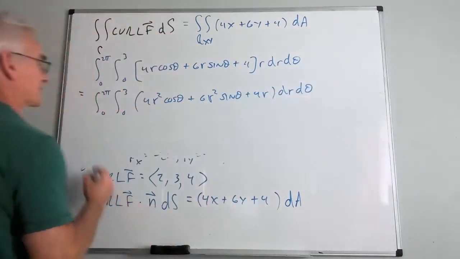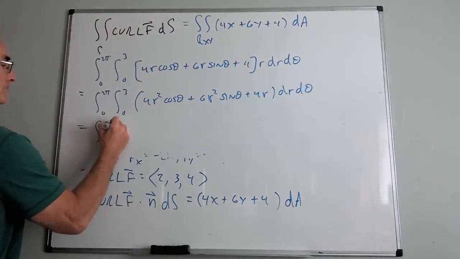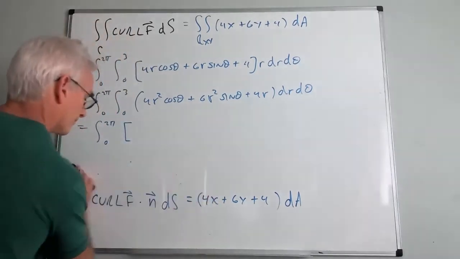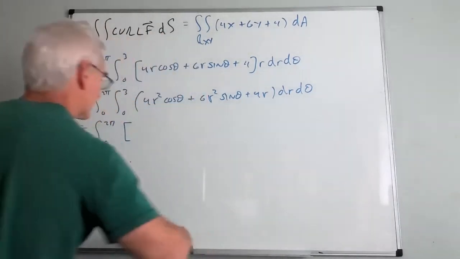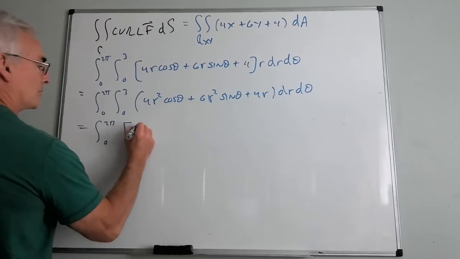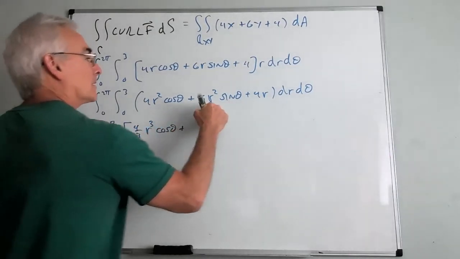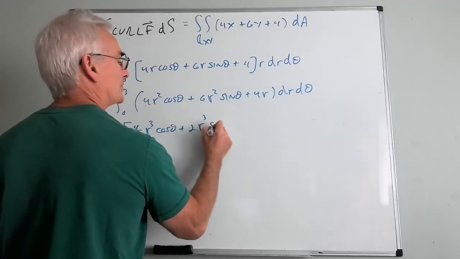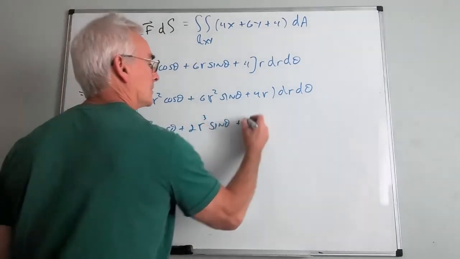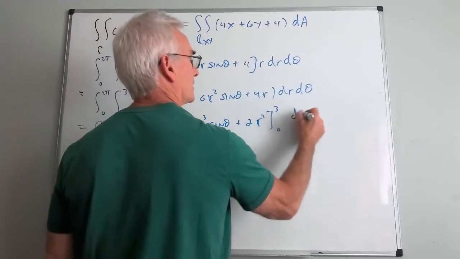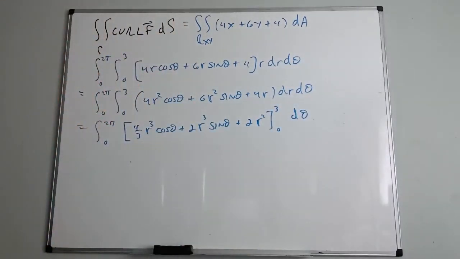So I'm going to integrate with respect to r first. Okay, so we'll have 4/3 r cubed cos theta plus 2r cubed sine theta plus 2r squared from 0 to 3 d theta.